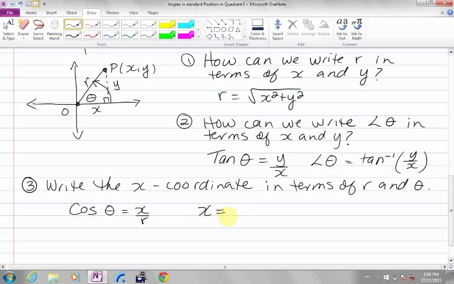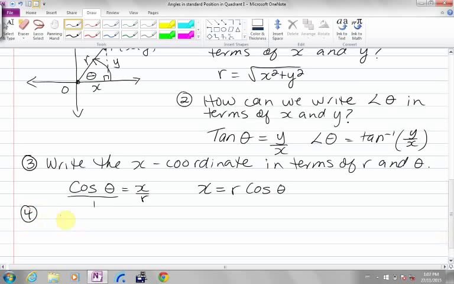Skylar? Well, we want the x by itself. So if you think of cos as being over 1, then x times 1 has got to be equal to r times cos theta. It's just a proportion. The cross products of a proportion are always equal. So x is equal to r cos theta.